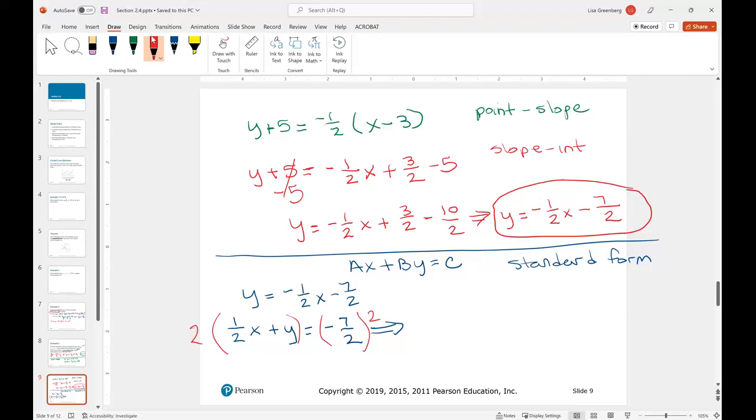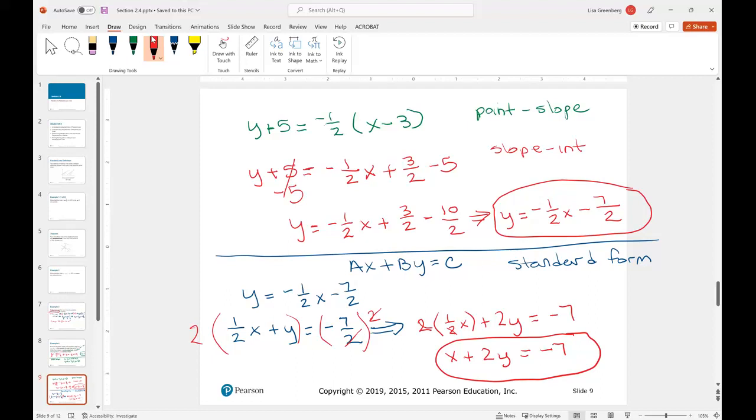Because this is going to distribute, and we're going to get 2 times 1/2 x plus 2 times y is equal to, and we can cancel this with this and get -7. And then 2 times 1/2, these cancel, and I end up with x plus 2y equals -7. And that is my equation in standard form.